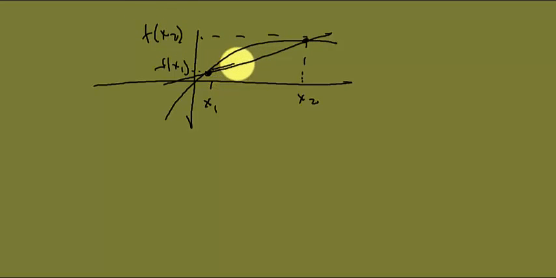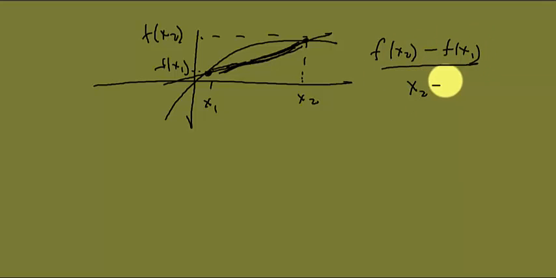If I want to find the slope, I'm just going to use my slope formula, and that is f of x sub 2 minus f of x sub 1 all over x sub 2 minus x sub 1. That's rate of change. That's the slope.